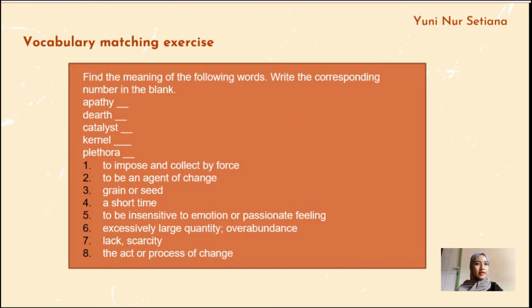The next example is a vocabulary matching exercise. In this case, the most common approach is to investigate a learner's vocabulary size. One frequently used test to assess a learner's vocabulary size is word association. The procedure involves presenting the target word as a stimulus to the test taker and asking them to say the first word that comes to mind.